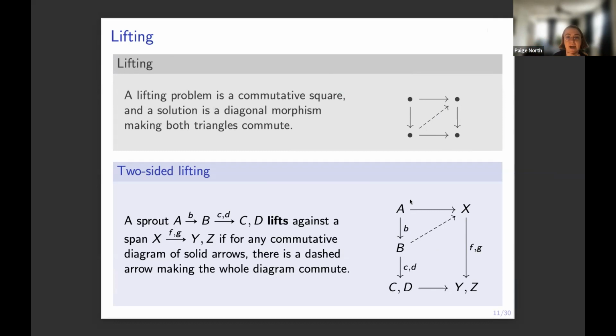And then I'm going to say that a sprout lifts against a span like this if for any two arrows here that make the whole thing commute, there's a lift like this that makes both this triangle and this square commute. And it should be clear here that this arrow is standing for two maps, one from C to Y and one from D to Z. So it's a map in that category, C times C.